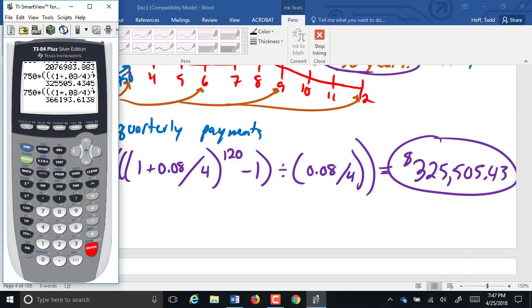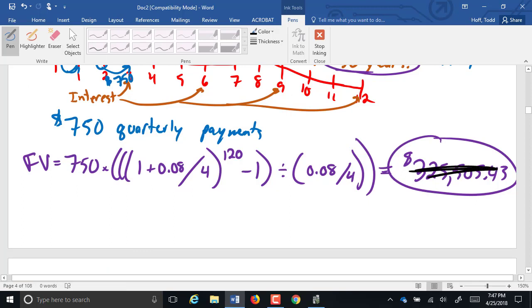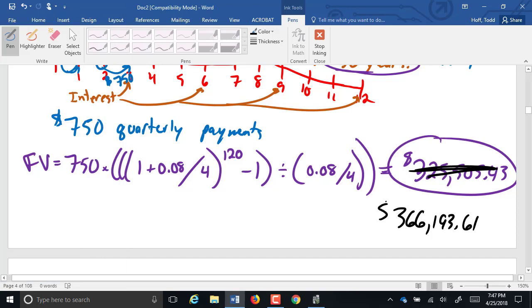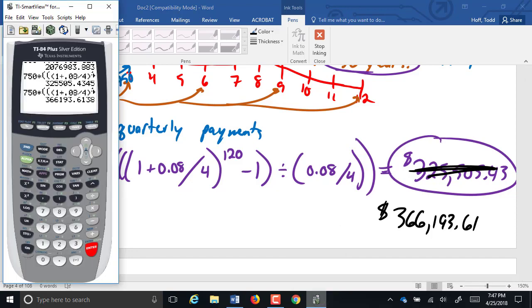We're at 366,193 now. Is that better? It's hard to scroll up through on this calculator, so I'm not going to bother, but something went very wrong. But that's okay. We got it right now.